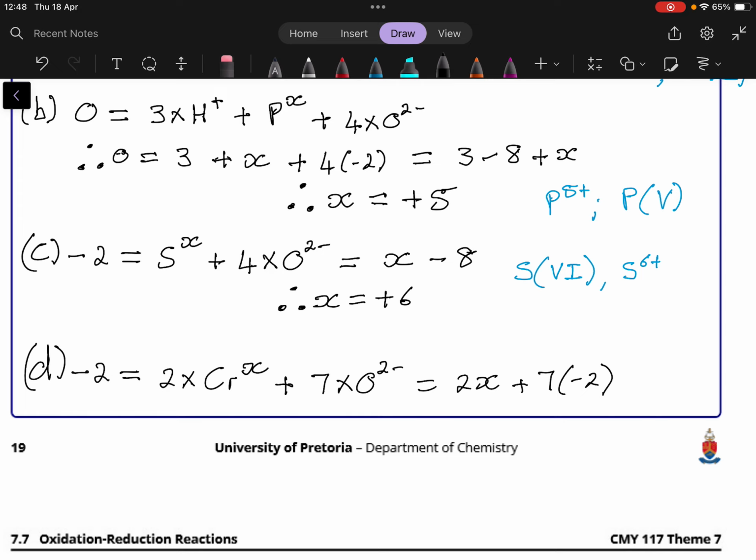It means minus 14. On the other side becomes plus 14. 14 minus 2 is 12. So x is equal to 12 over 2, and that is plus 6. So we have chromium 6 plus, chromium VI.